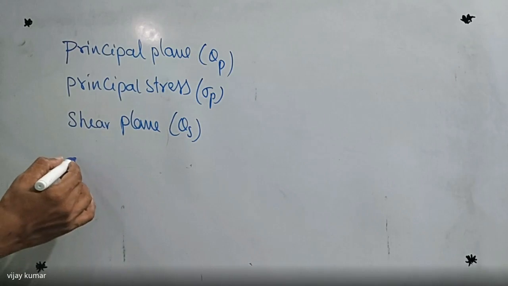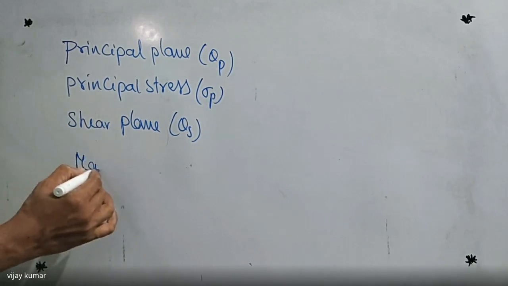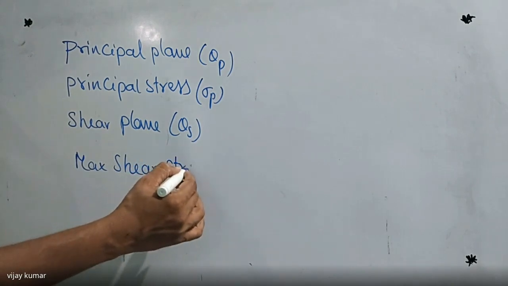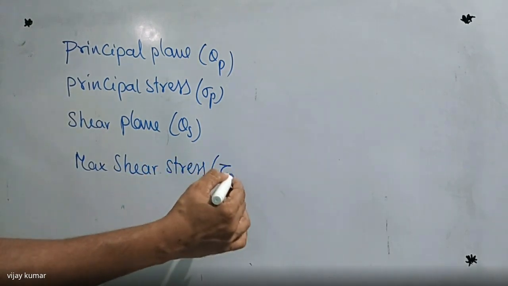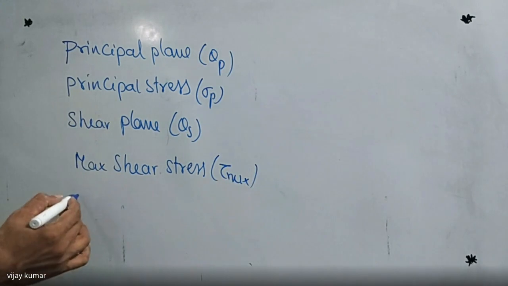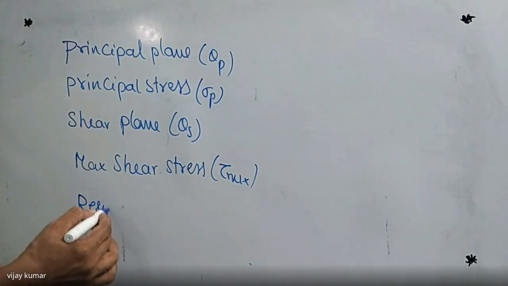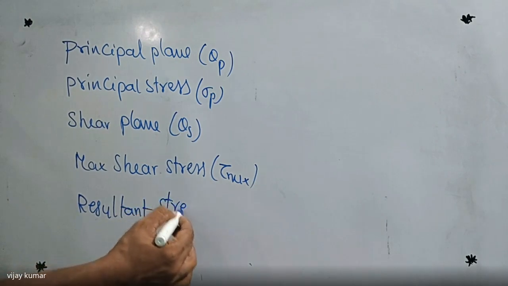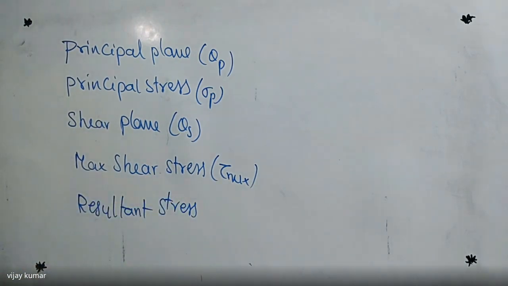And the next one is maximum shear, that is maximum shear stress, that is tau maximum. And the last one is the resultant stress. So these are the five variables we calculated in the five cases.